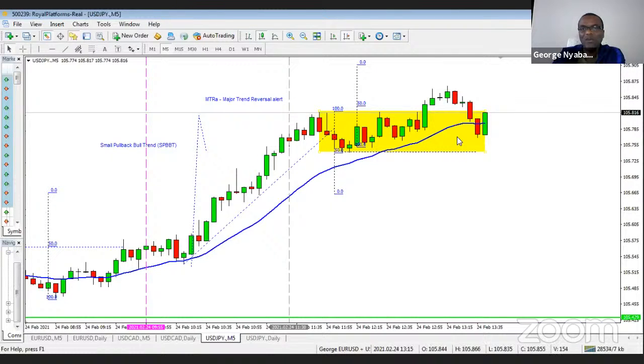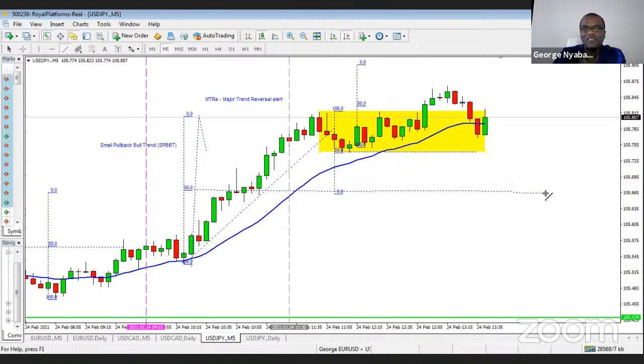Okay, so now we are still in that major trend reversal alert with a break of our trend line. Let's just put the 50% of that whole move. That's a 50% figure. Now that's pretty interesting, isn't it? That 50% pullback.